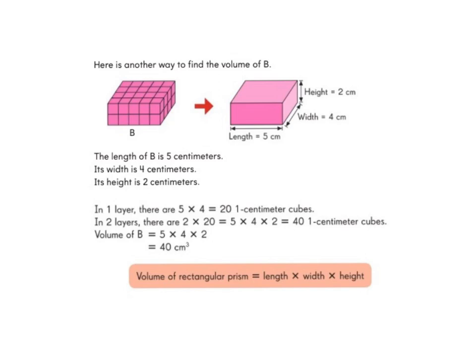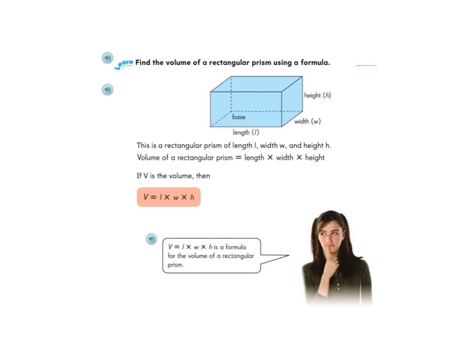So put that in the back of your mind as you're thinking about what steps we just took to figure out what the volume of that shape is, because that will help us when we get to the time of using a formula. If you remember what we were just multiplying together to calculate the volume in the previous example, we were taking our length times our width times our height to calculate the volume of the rectangular prism.